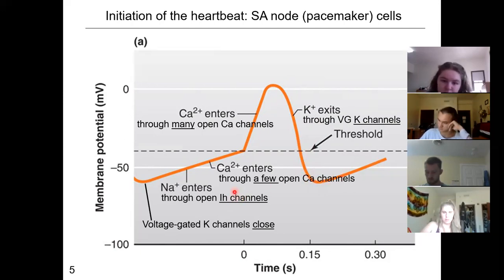So the point here is that pacemaker cells spontaneously depolarize through these mechanisms here, fire action potentials that are calcium channel based instead of sodium channel based, repolarize by potassium channels just like nerve, and then do it over and over and over again, approximately 1 time a second for as long as you live.